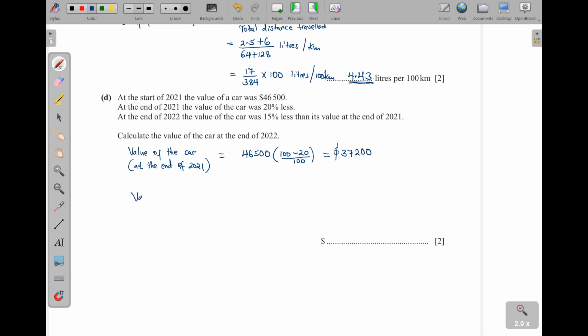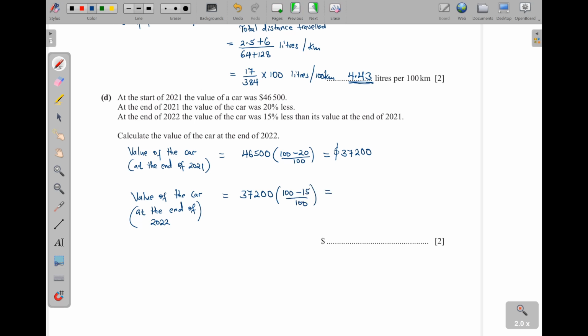Now let's look at the value of the car at the end of 2022. Now, this one is going to be what we have gotten here as 37200. Then it is decreasing by 15%, so we shall say 100 minus the 15 over 100.